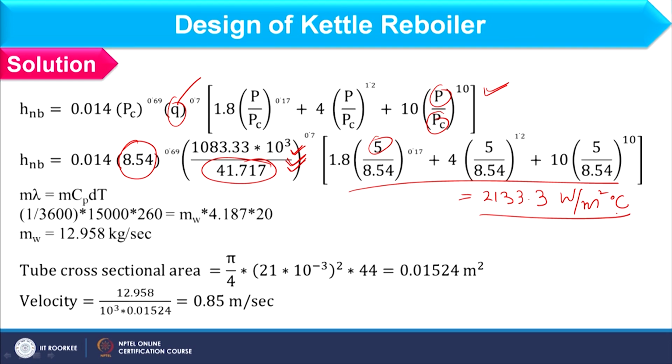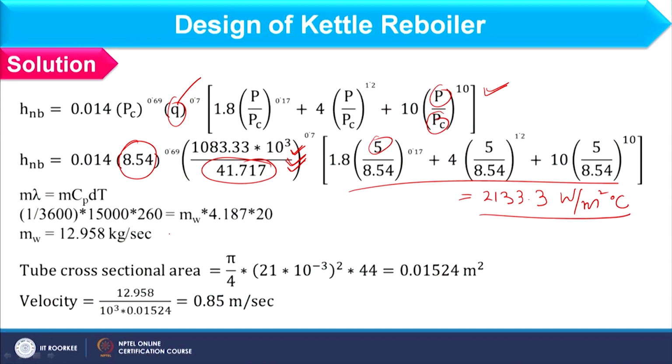Now, once you have the heat transfer coefficient on the shell side, we have to find the heat transfer coefficient on the tube side where water is flowing. A particular expression related to water is known to you. You have to find the velocity, and for that you have to find the area per pass, and then you can find the heat transfer coefficient on the tube side. So, let us start the calculation.